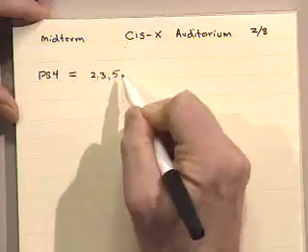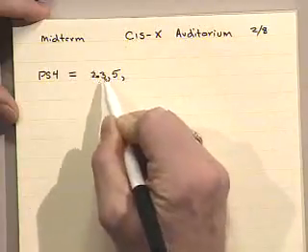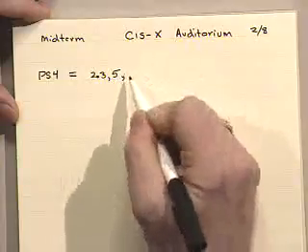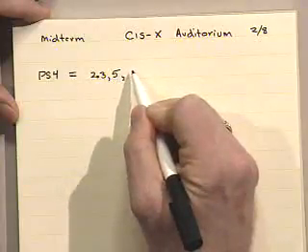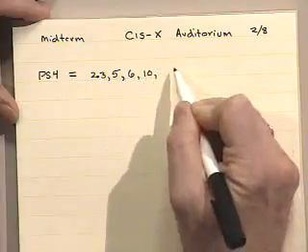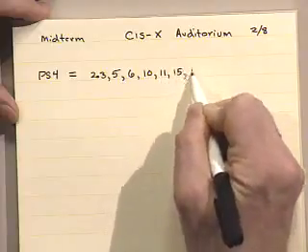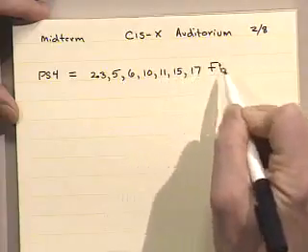So this does not mean problem 2, this means chapter 2 here. So problems 3, 5, 6, 10, 11, 15, and 17. And of course, as usual, feedback.